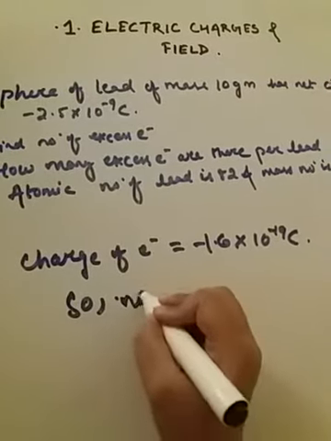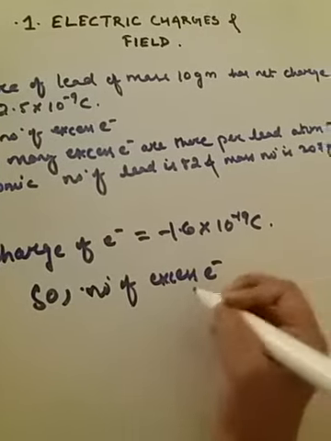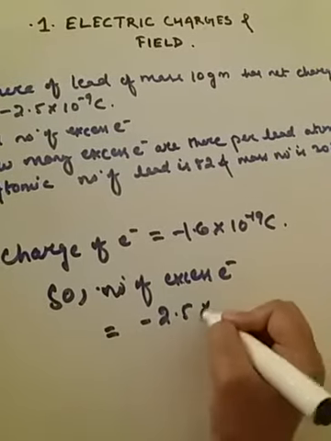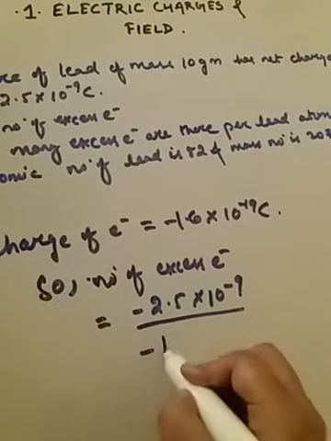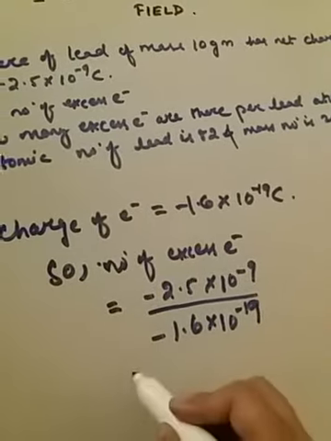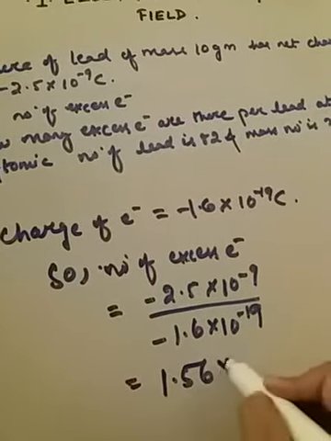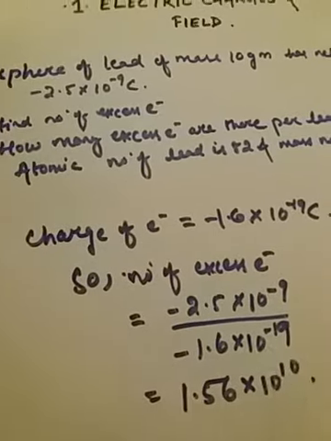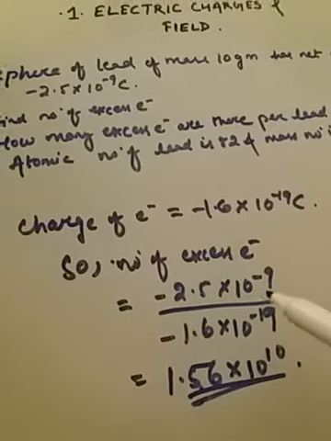So number of excess electrons on the sphere is equal to minus 2.5 into 10 to the power minus 9 by minus 1.6 into 10 to the power minus 19. So here you will get around 1.56 into 10 to the power 10. So this is the answer, 1.56 into 10 to the power 10.